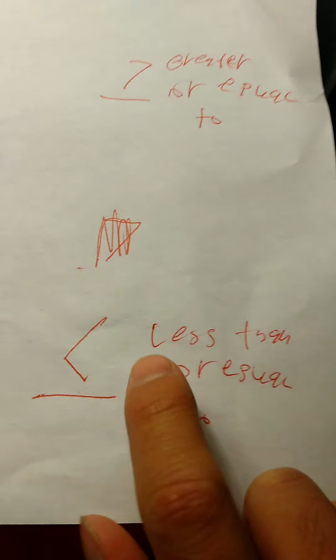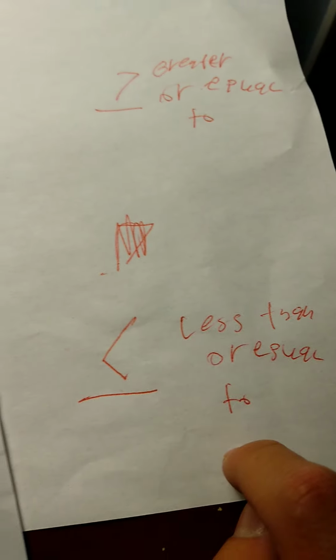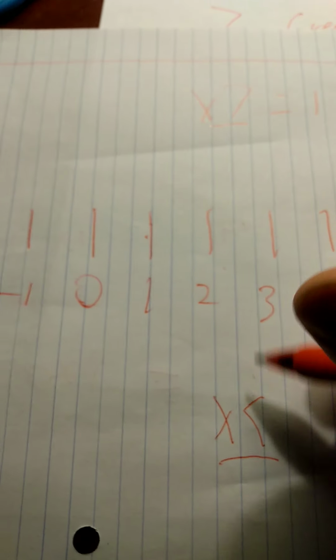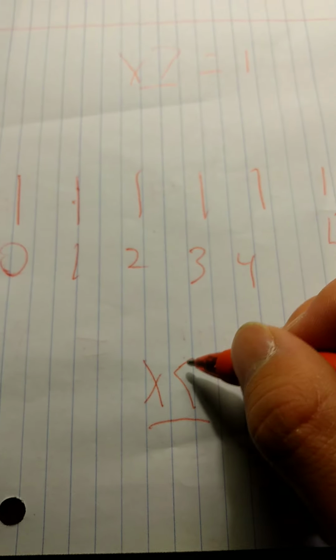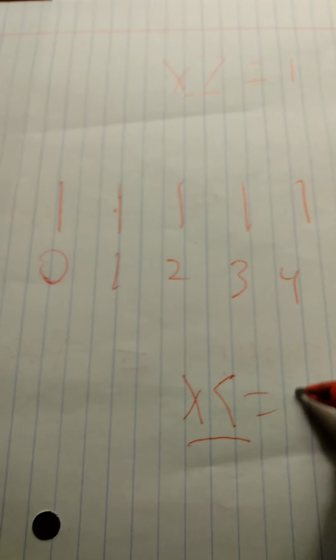Or we could say something is less than or equal to. Let's say x is less than or equal to 1. It's saying it can be 1 or it could be less than 1.